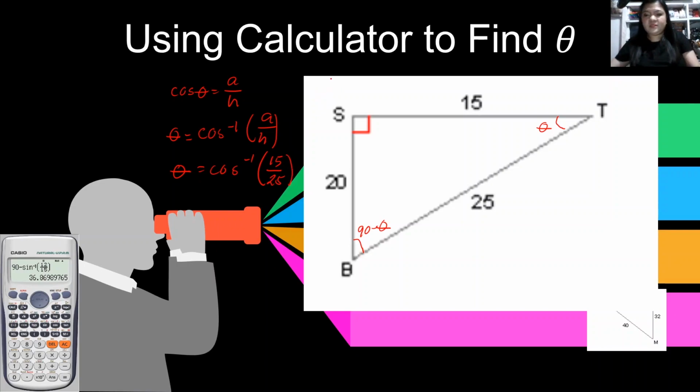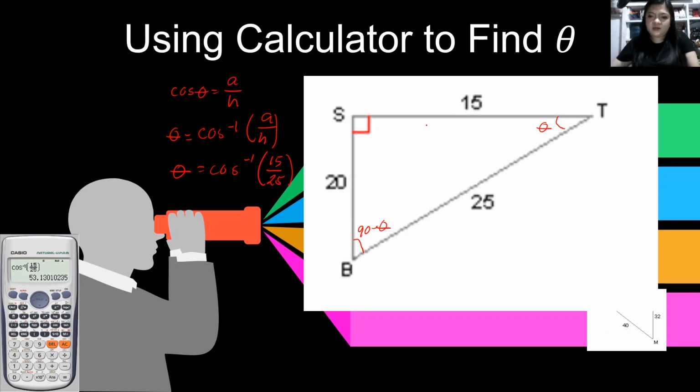When we type it in our calculator, arc cosine will be Shift cosine, 15 divided by 25, giving us 53.13, the same as our first example.